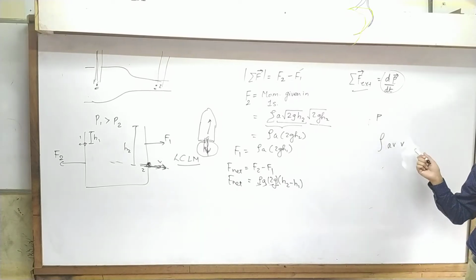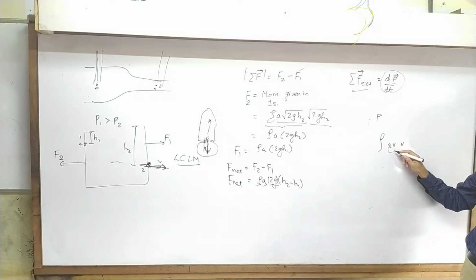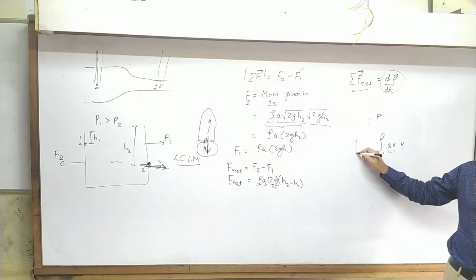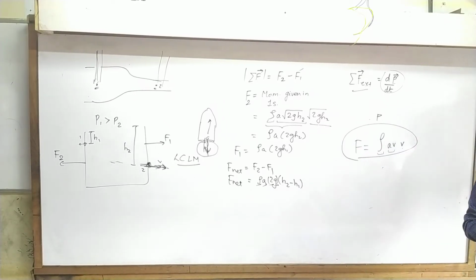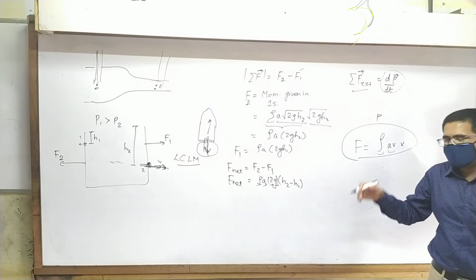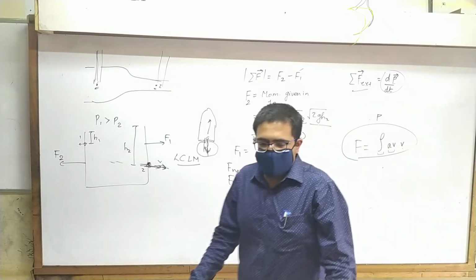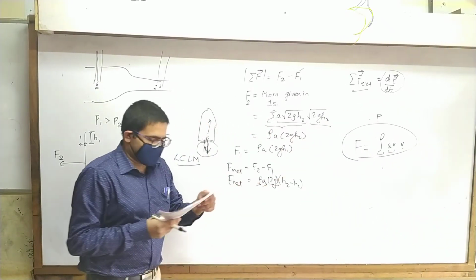Force due to flow of fluid: volume per unit time into density gives mass per unit time, and mass into speed gives momentum per unit time. So you can just say force due to flow of fluid is always rho A v square, where A is the area in which it is flowing, whatever that area may be. Okay, let's go to the next one.